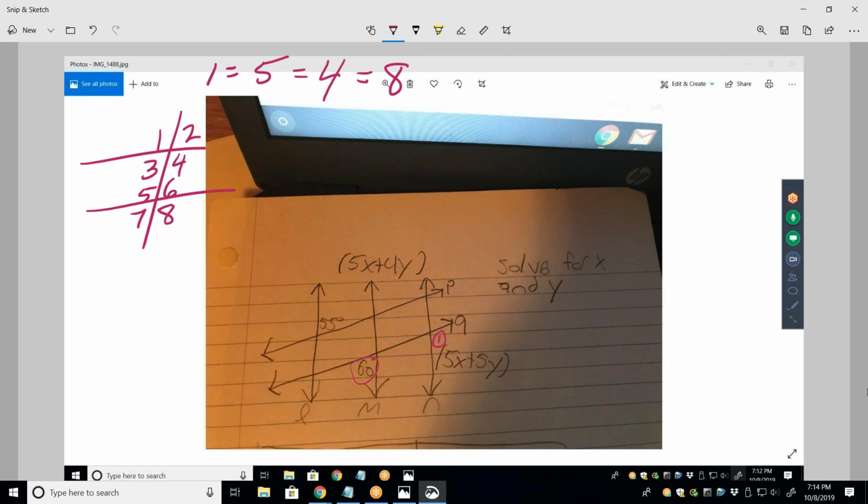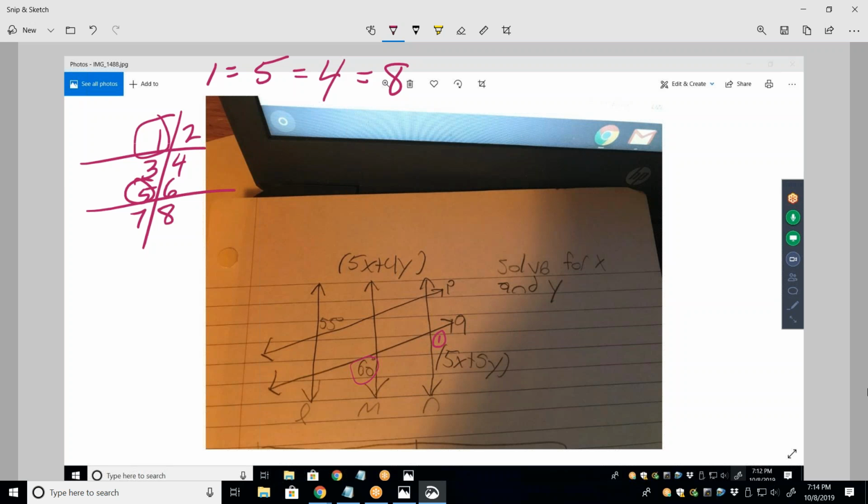Notice that angle 2 is acute. Angle 1 is obtuse. Do you know the difference between obtuse and acute? Yes. One's less than 90, one's greater than 90. Make sure you recognize that. That is an obtuse angle. Therefore, it cannot be equal to an acute angle. It's equal to every other obtuse angle.